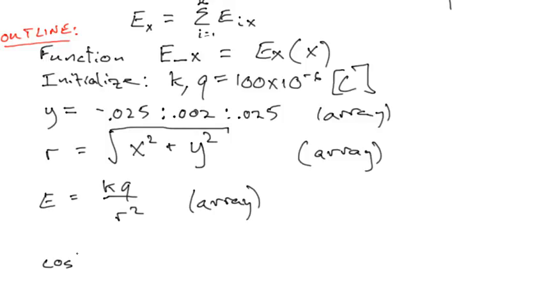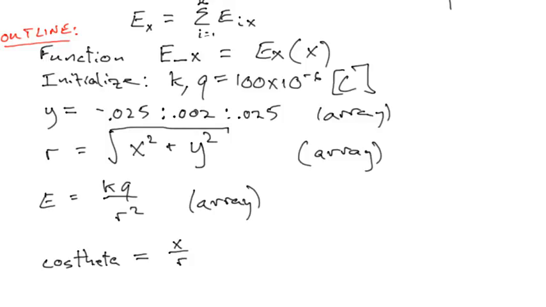Cos theta is equal to, I think I said X over R. So this is a number, and this is an array of values.